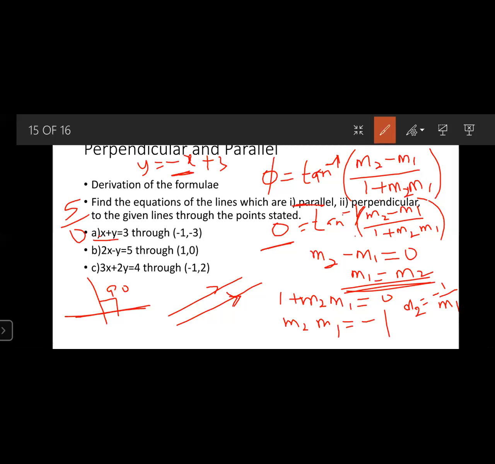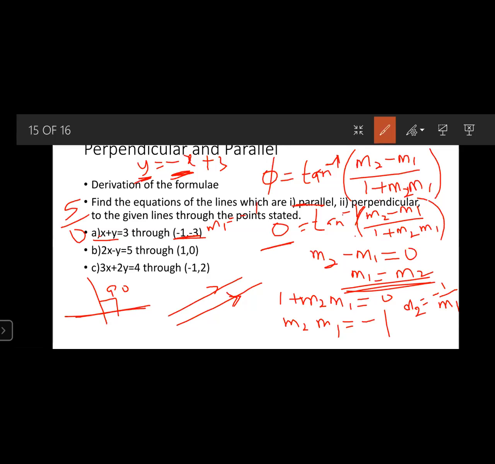So the gradient will just be minus 1, the coefficient of x, since the coefficient of y is 1. So you don't need to divide by anything again. The gradient is minus 1. If they are parallel, they are going to have the same gradient as the line you want to find. So for the parallel line, you still use this point and your M1 will be equal to minus 1.